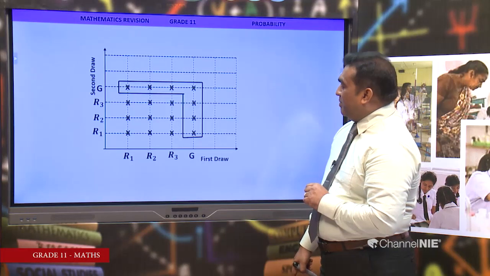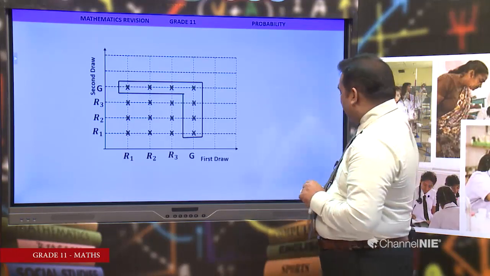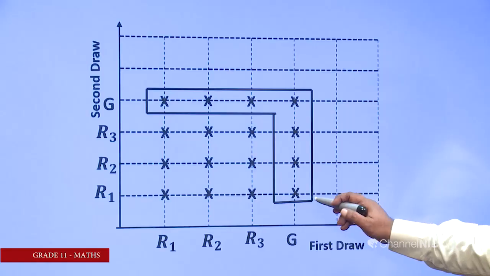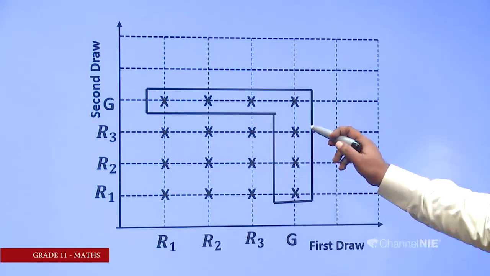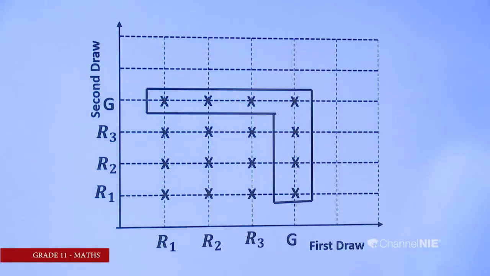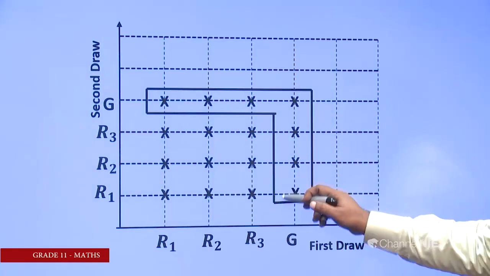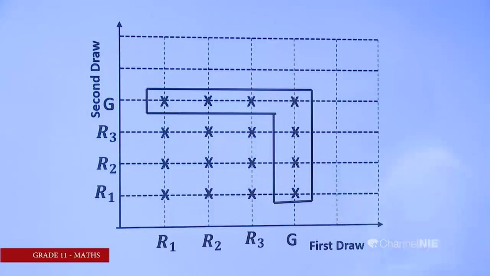This is the probability of getting a green ball at least once. Here, green-red 2, green-red 3, green-green. According to the condition, this is the enclosed region.